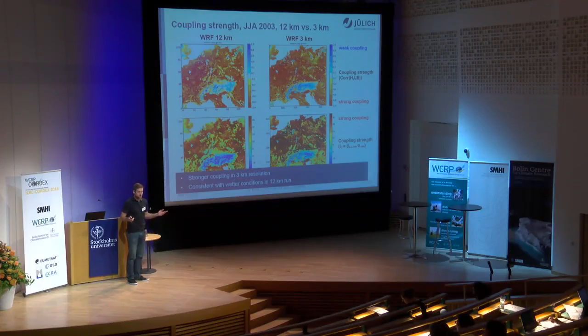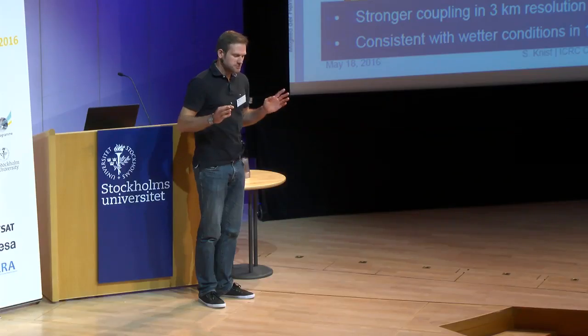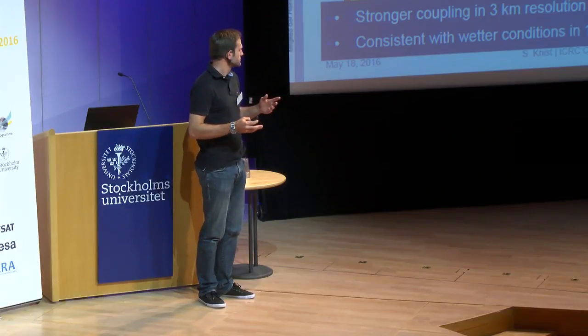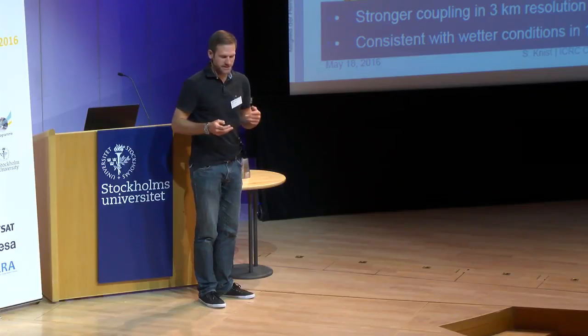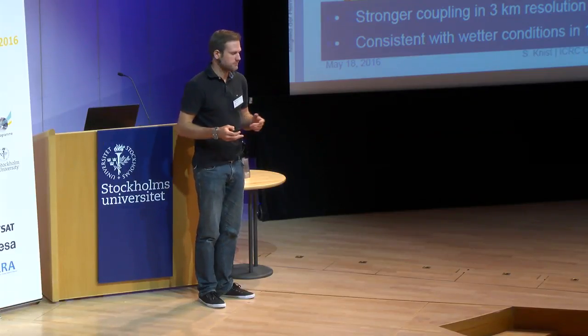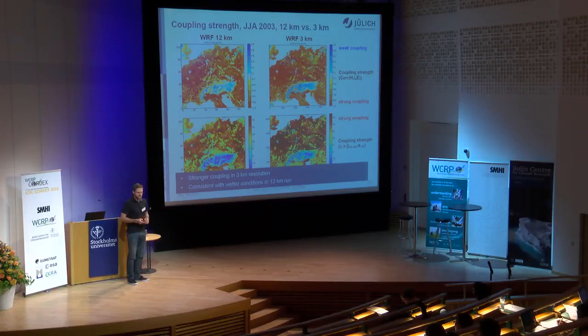But it's important to note that this must not necessarily be caused by the higher resolution of the land surface, but more likely also a consequence of the slightly drier conditions in the 3-kilometer run, as we have seen before, or the other way around, the slightly wetter conditions in the 12-kilometer run. And this is still under investigation. So how do the individual land surface characteristics and its resolution affect the land surface coupling and thereby also the atmospheric processes?